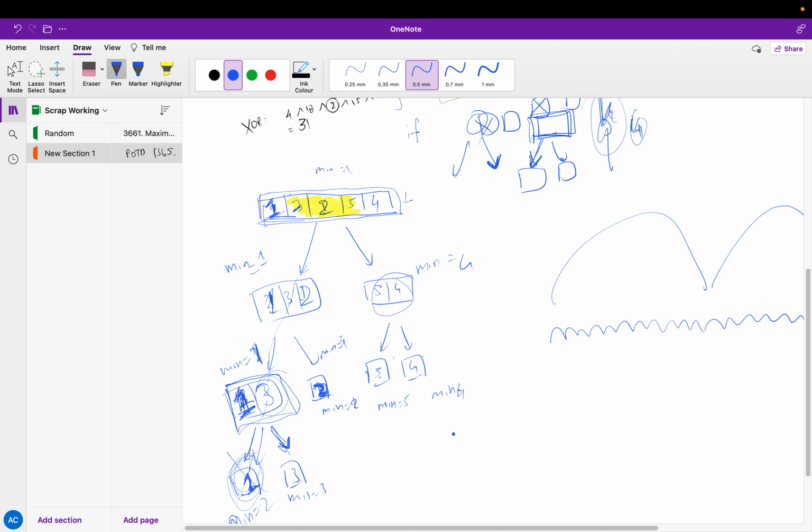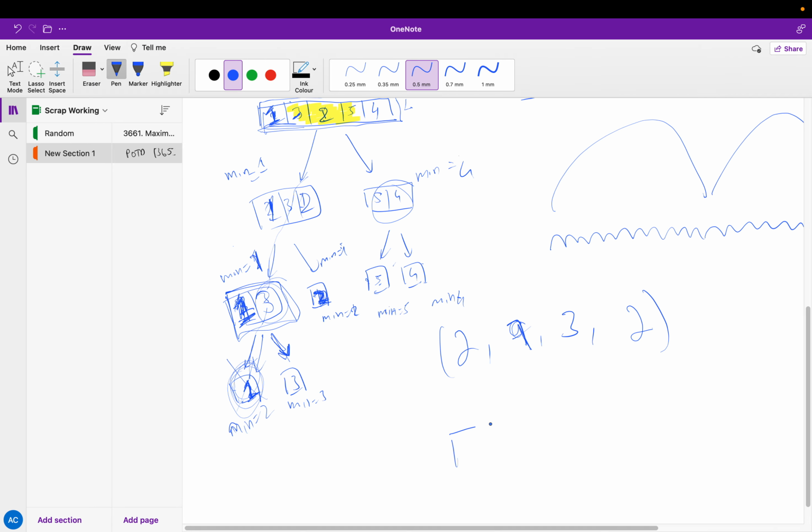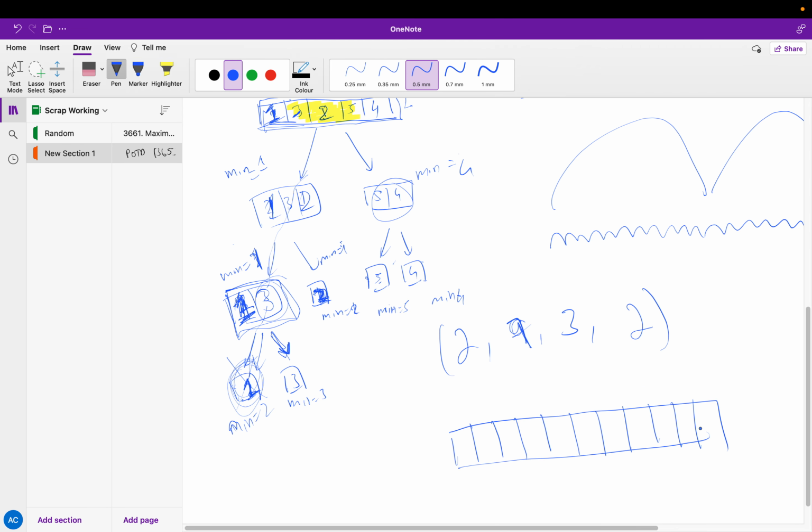Okay, let's say you have a query like 2 up to 9 with an increment of 3 and a value of 2, right? So you have your array 0, 1, 2, 3, 4, 5, 6, 7, 8, 9, and 10.